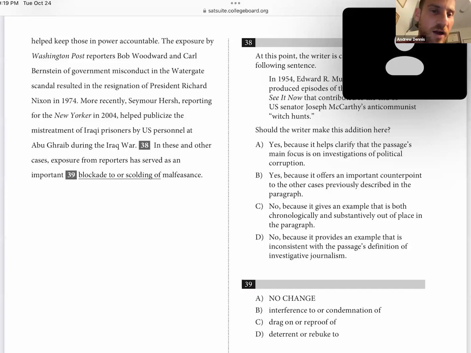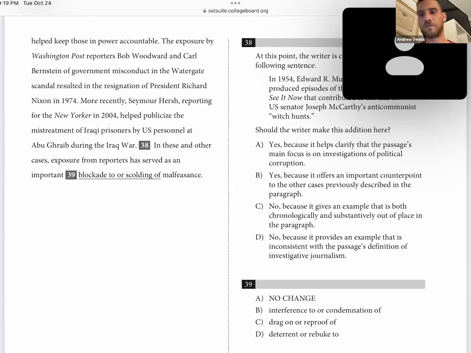It is unclear how journalism would act as a blockade to misconduct, and it's not idiomatic to say that these reporters have acted as an important interference to or drag on misconduct. So that word idiomatic, when it says drag on or interference to. Interference to malfeasance wouldn't be a good sentence, or drag on malfeasance wouldn't be a good sentence.